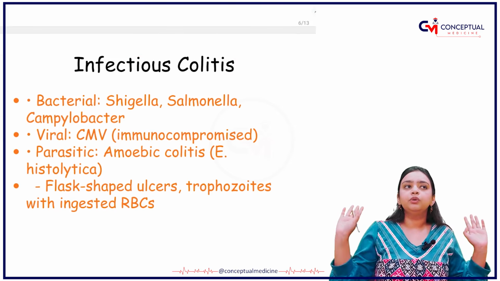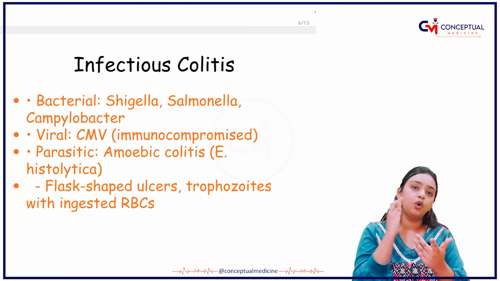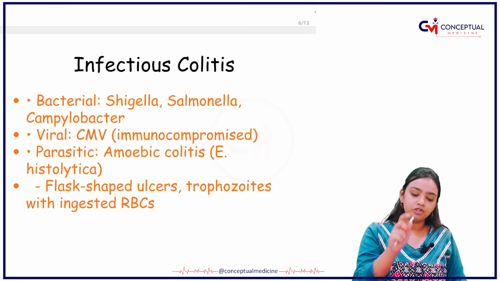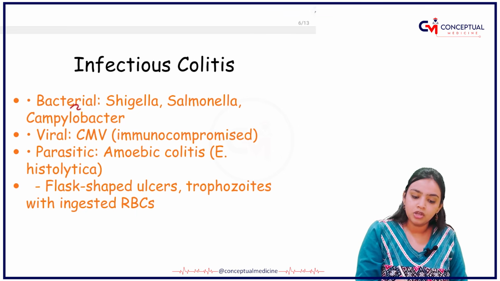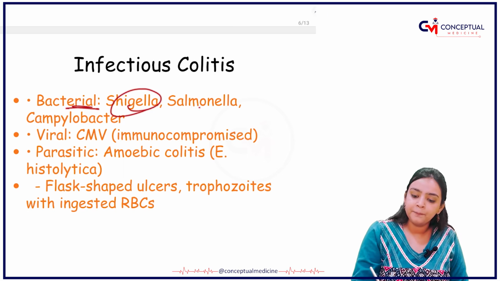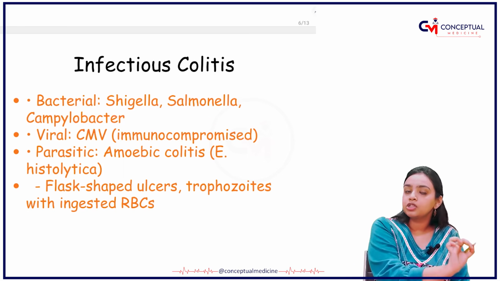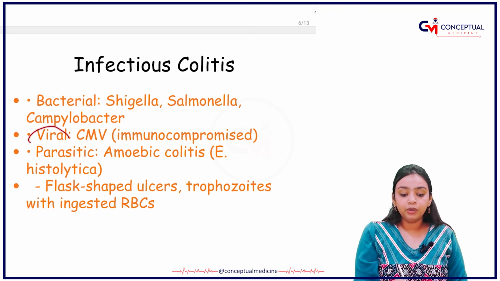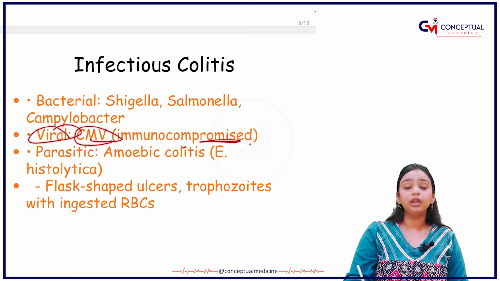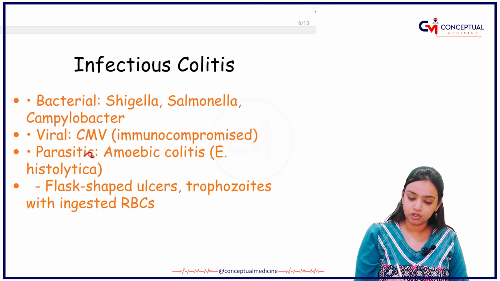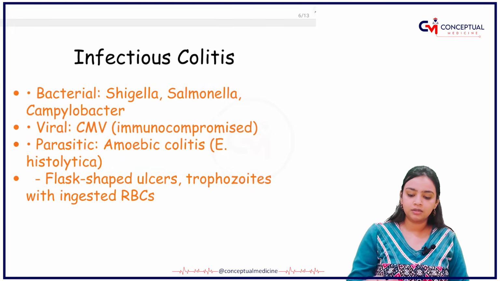Coming to infectious colitis. So now we know that infection can be classified as bacterial, viral or parasitic. In the bacterial one, I have Shigella, Salmonella and Campylobacter. These are the three causative agents for bacterial colitis. In the viral, you have cytomegalovirus, that is mainly seen in immunocompromised patients. In the parasitic one, you have amoebic colitis, with flask-shaped ulcers and trophozoites.